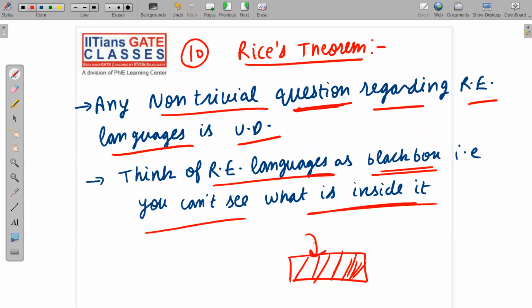In any question where you want to see inside the RE language, you will directly say by Rice theorem it is undecidable.